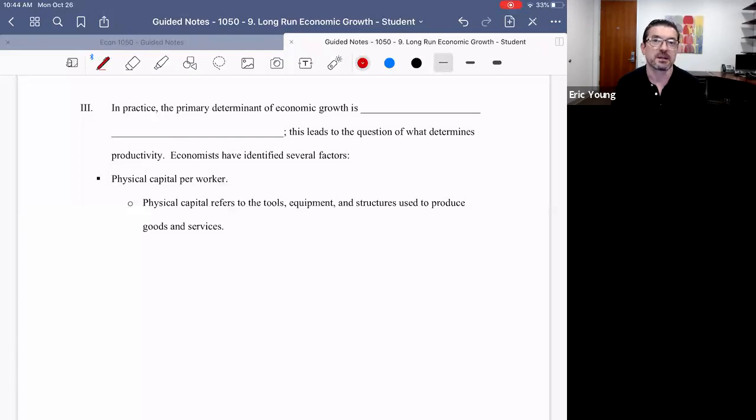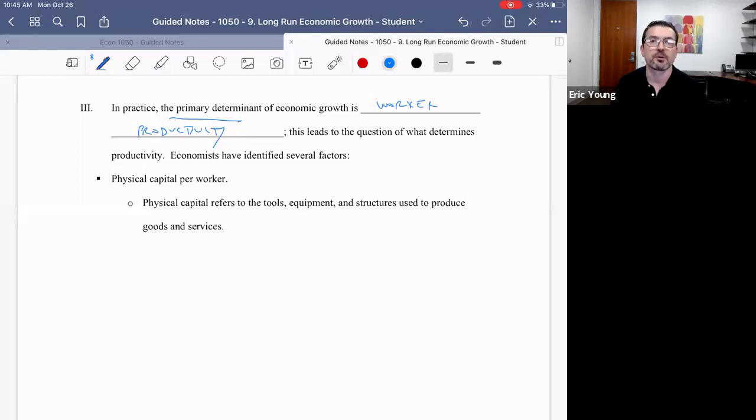In real practice, in the real world, the primary determinant of economic growth comes down to one big thing: worker productivity. At its core, countries with more productive workers are richer countries.